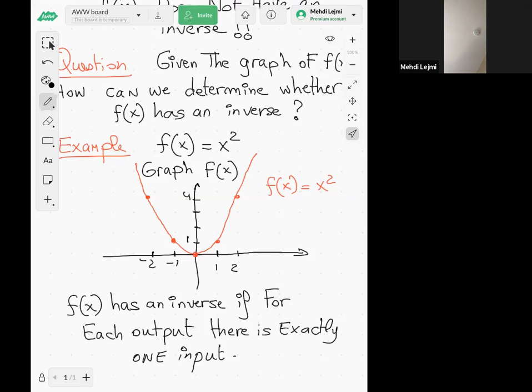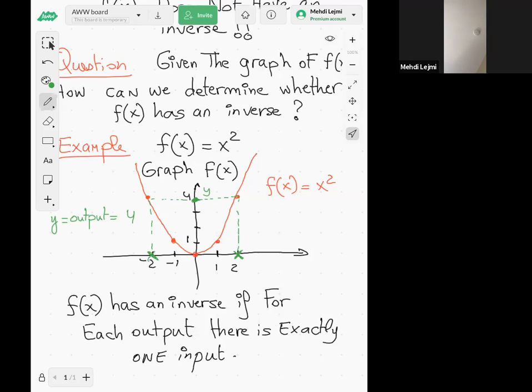So you see, here for x squared, if you take, for example, the output y to be 4, how many inputs does this output 4 have? Well, you can see there's a first input, which is -2, and another input, which is +2.